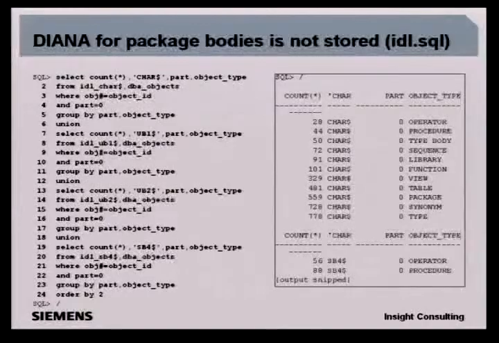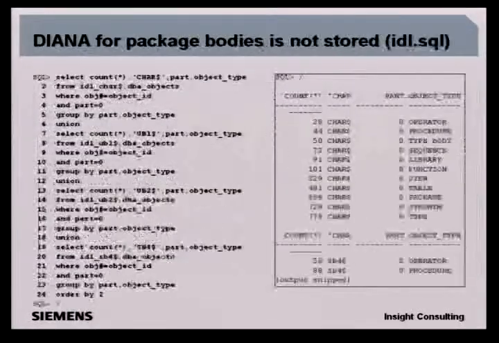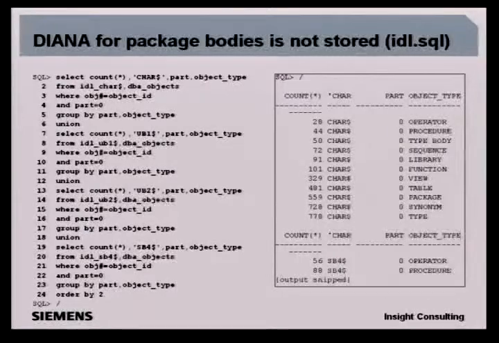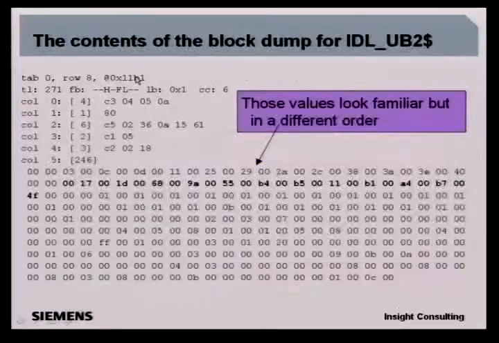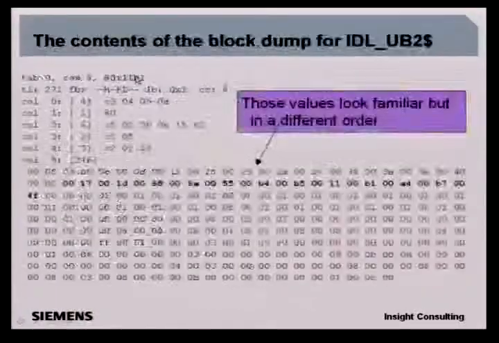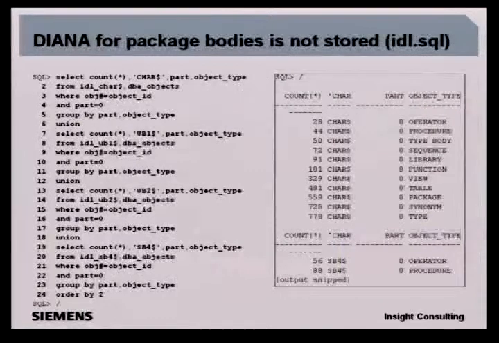This piece of SQL is just doing a union on the 4 tables, and it's just selecting a count. It's just highlighting which table it's coming from, looking at the part, the object type, and so on. And we're looking for part 0 because that's Diana. And we're just seeing which types of objects have Diana stored in the database.